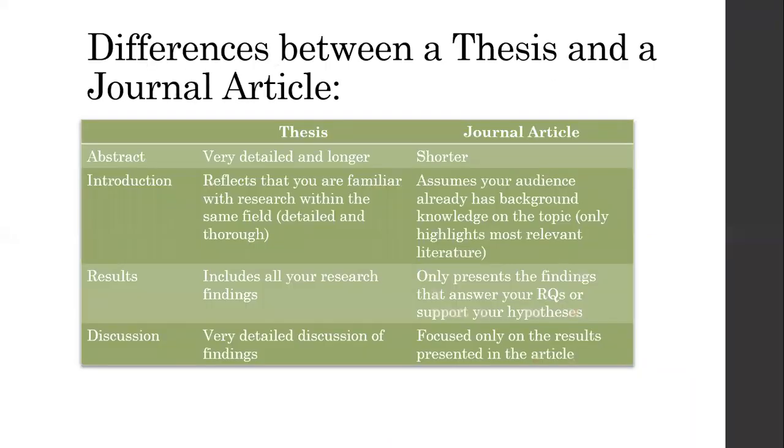Before we start, it's important to know the differences between the thesis and the journal article regarding a few important sections. If we compare the thesis and the journal regarding the abstract, introduction, results, or discussion, we can find that the thesis abstract is very detailed and longer, including tiny information about the research topic or research questions if you have more than one.